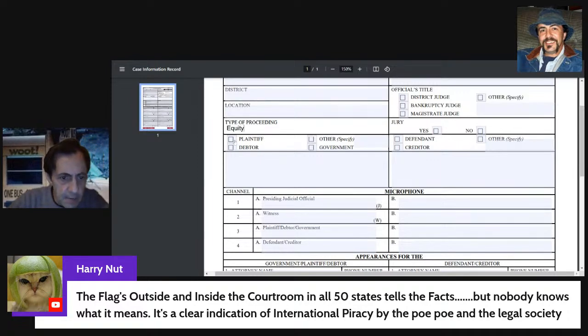Notice it says plaintiff, debtor, other, and government. The plaintiff's always going to be the government or on the government's half because it's for the interest of the public.